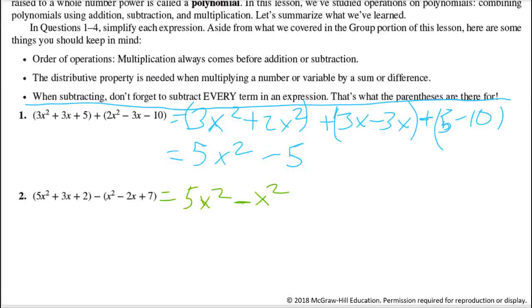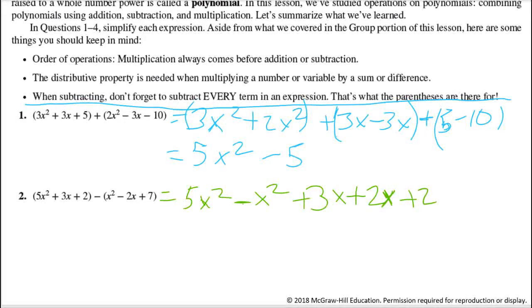So I'm going to subtract the negative 2x, which is the same as adding 2x, except that I forgot my 3x. So I have my plus 3x. Then I'm going to subtract a negative 2x or add a positive 2x. You get the same thing when you add a positive as when you subtract a negative.